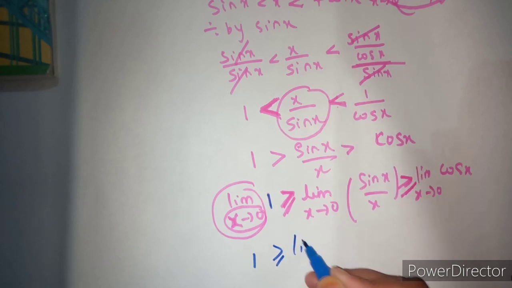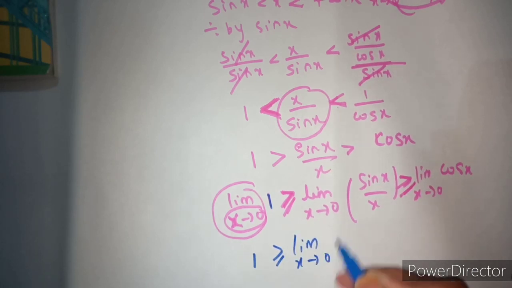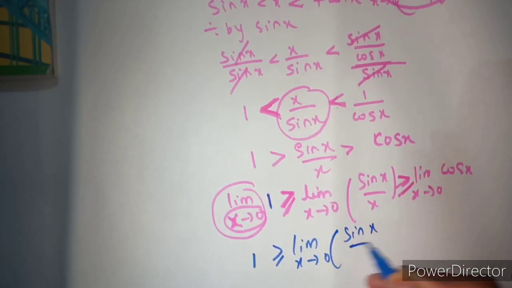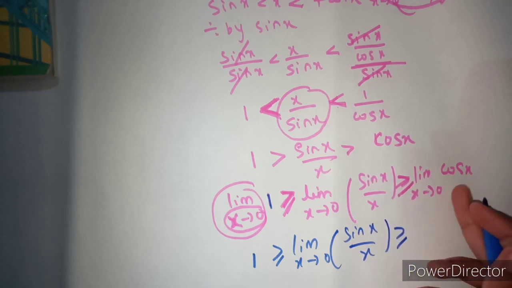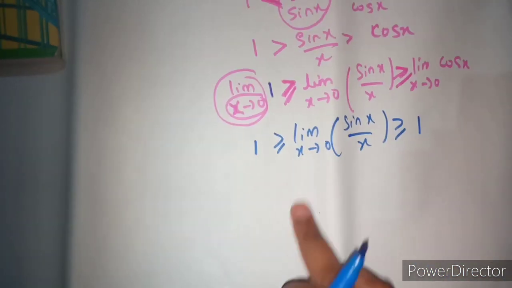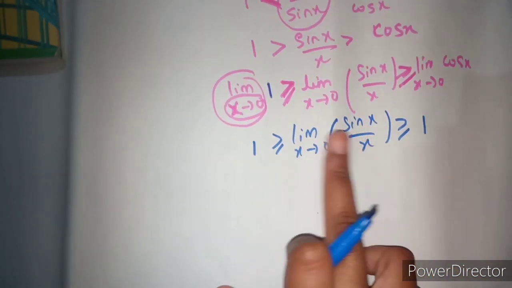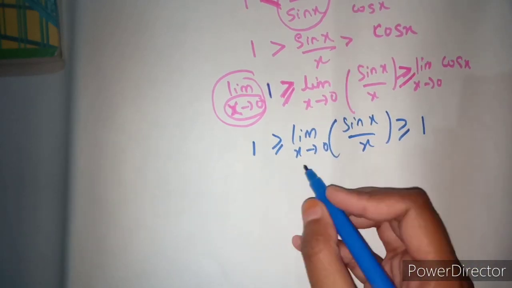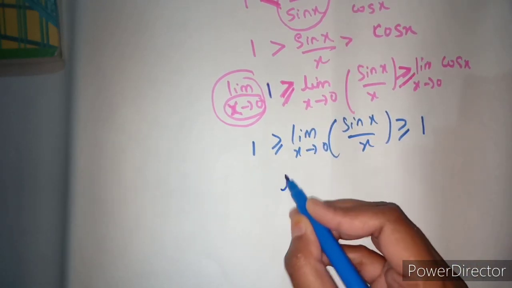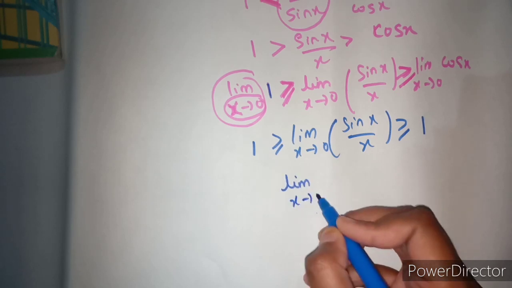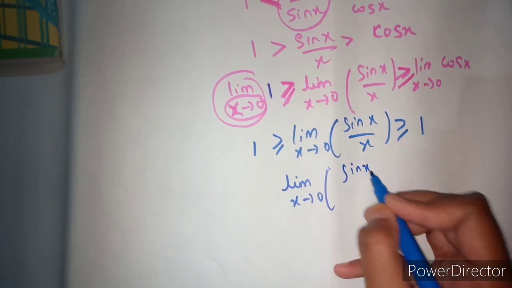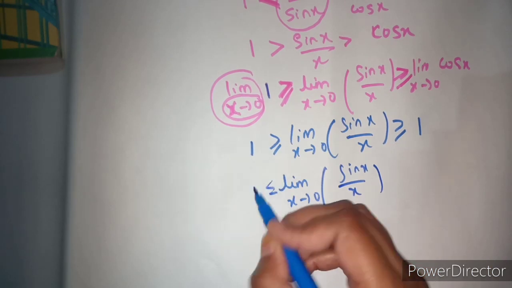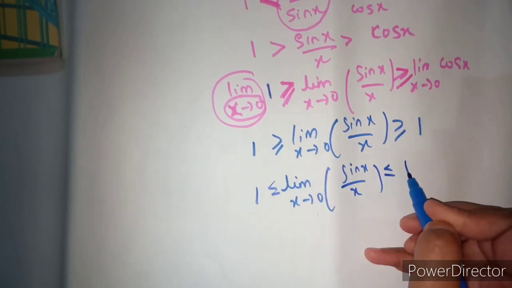Limit x tends to 0 sin x by x, apply the limit here, x is tending to 0, so cos 0 is 1, right? Now here limit x tends to 0 sin x by x is less than 1, which is again greater than 1. So this can also be written as limit x tends to 0 sin x by x greater than 1 and which is again less than 1.